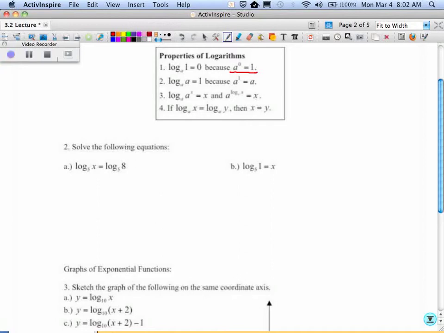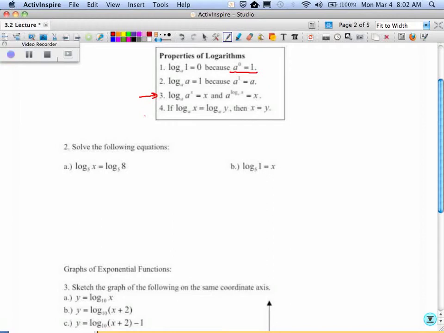So you have your logarithm rule on the left, exponential rule on the right. If you're taking the log of some number and that some number is the base, it has to be equal to 1. Number 3 is what I refer to as the Chunga property. They undo each other.